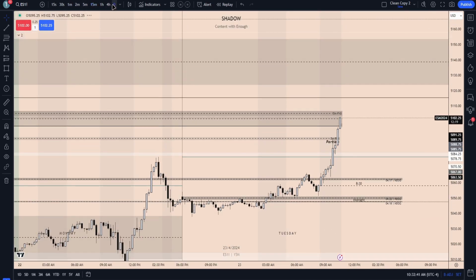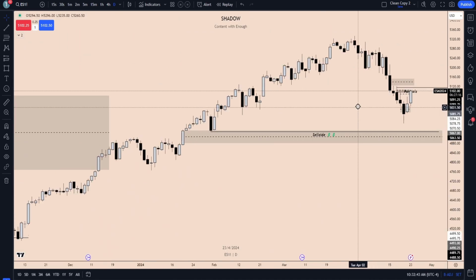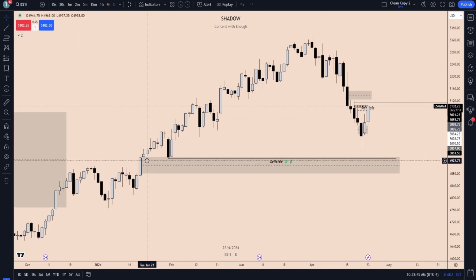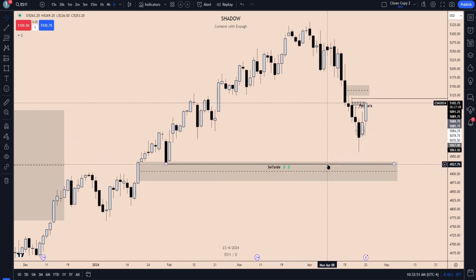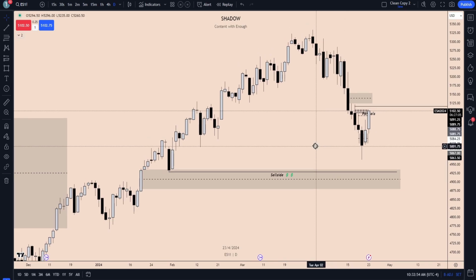Let's go to a daily actually. Let's go way back. So we were mentioning that this was probably our objective, right, with this run lower. At the same time, however, we need to understand that even though we're reaching for this, we don't necessarily need to get there because, look how much sell side we've taken already, right? Every single one of these lows here, here, here, all sell side.